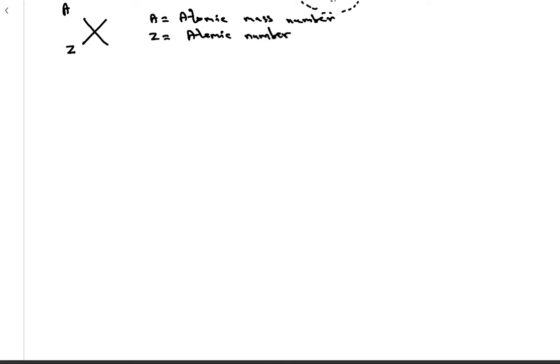So let's take each one of them. First and foremost, what you have to understand about the Z is that it is called the atomic number, and that is simply the number of protons in the nucleus of that element.